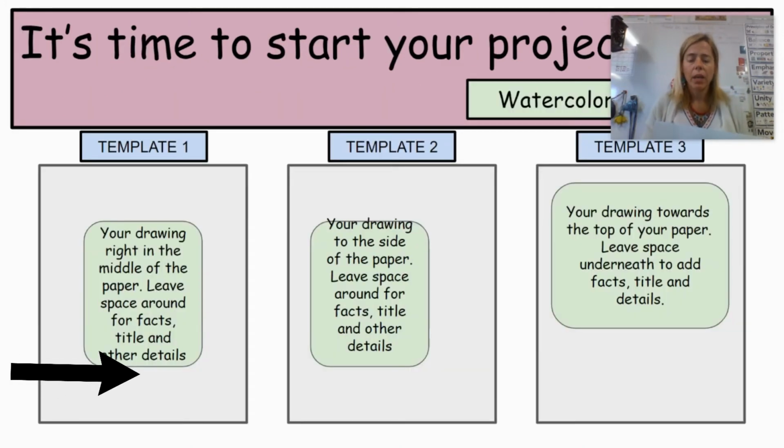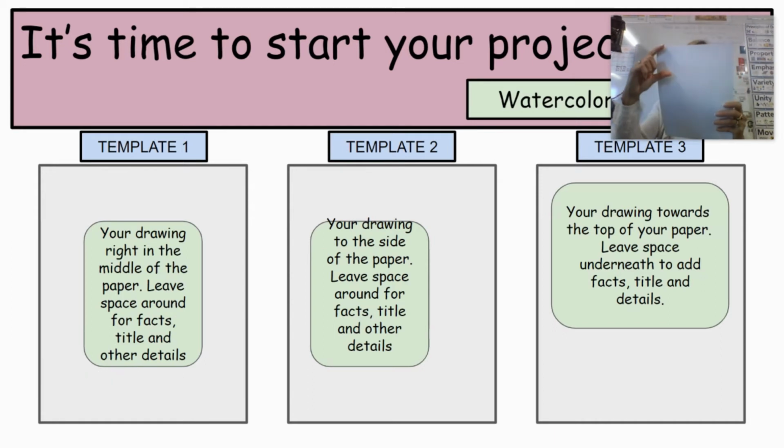Because you have 3 different possibilities of how you organize it. Look at the first option, which is template 1. The drawing goes right smack in the middle, and it has space at the bottom, space at the top, and space on the sides.